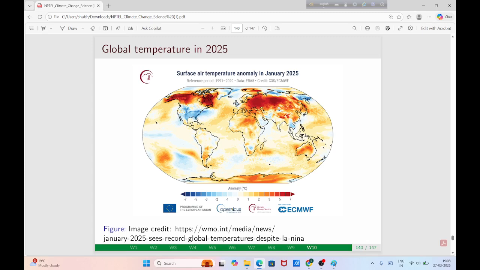So increase or decrease in temperature is with respect to that particular reference period. So you can see the polar regions or the regions with higher latitudes experience a lot more warming compared to the tropical regions. The tropical regions are also warm, but that difference is more pronounced in the higher latitudes.